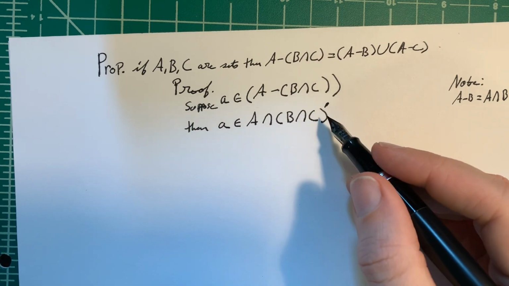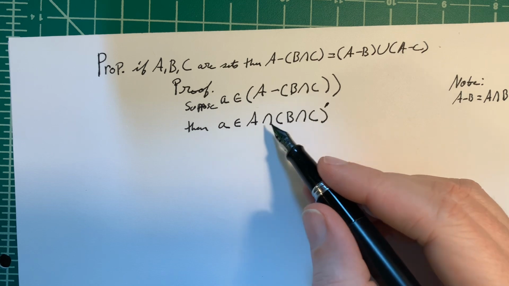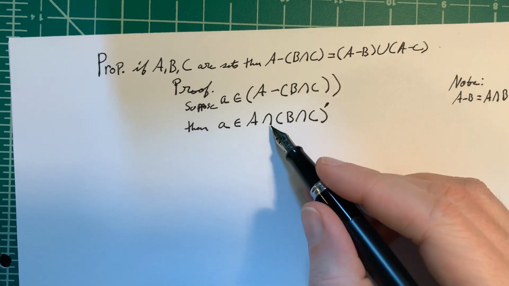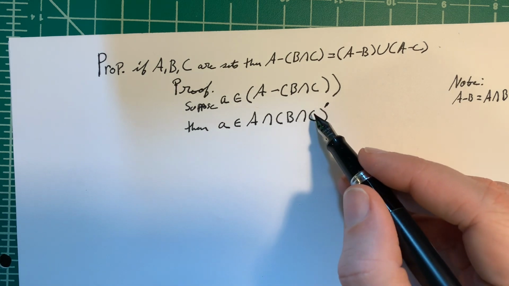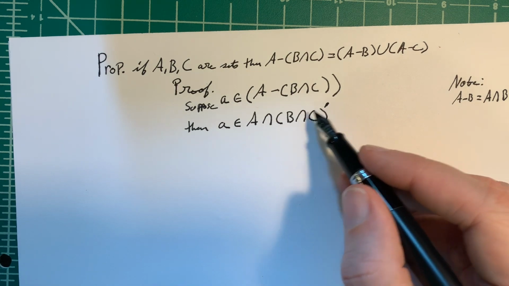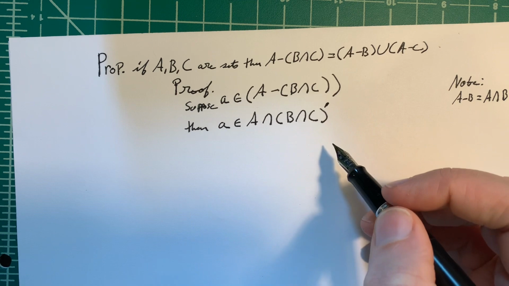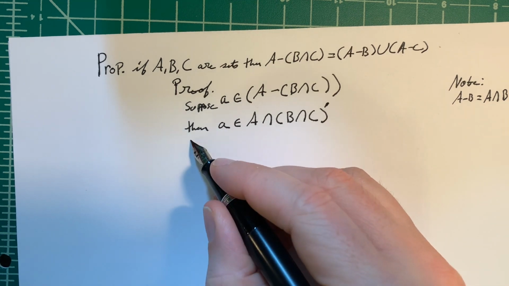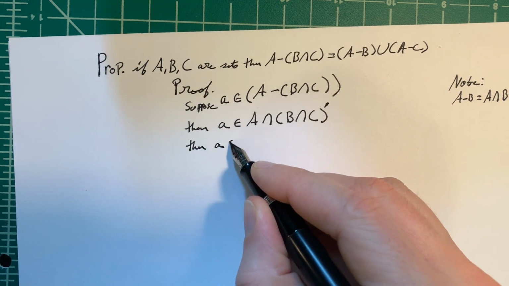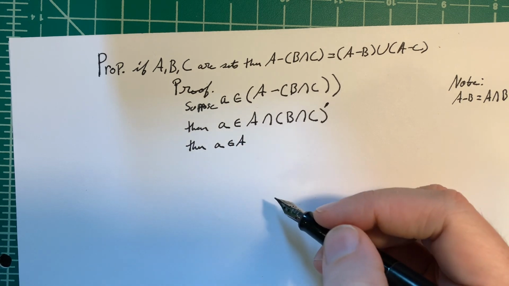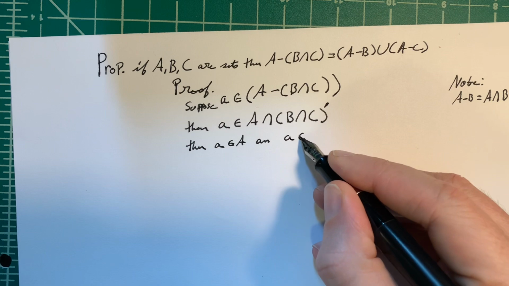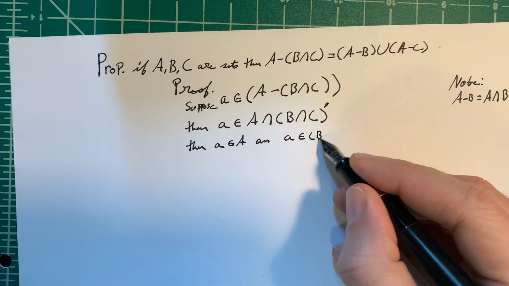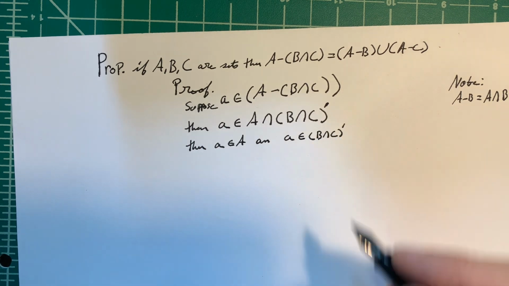Now, what I like to do with these proofs is break it up by replacing this with the word "and." And also notice that we have the complement here, and I'm probably going to have to do something with that in a moment. So then a is an element of the set A, and a is an element of (B and C) complement.